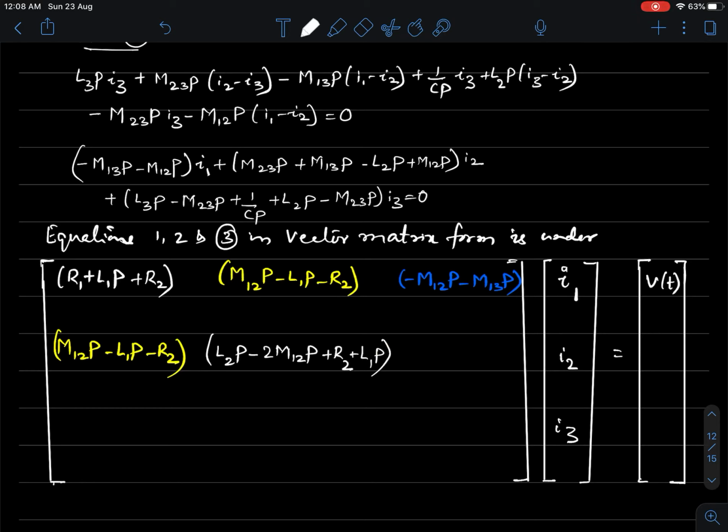Now the third coefficient I need to write. Will I be able to manage space? Alternatively, I'll remove this line. I'll have to manage the space, right? That is the hitch I have. You have to bear with me a little because of lack of space.